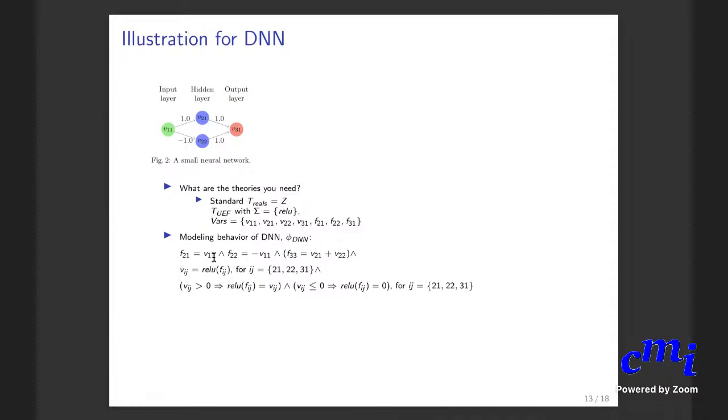Excuse me, sir. Shouldn't it be F31 is equal to F21 plus F22? Or no, because I'm assuming V21, V22 to be the output of the node. You see, at each node there are two operations that happen: a linear transformation of the input, followed by a ReLU application.